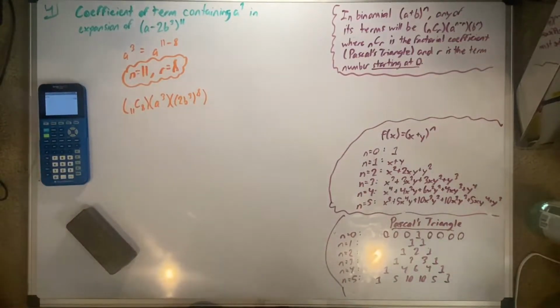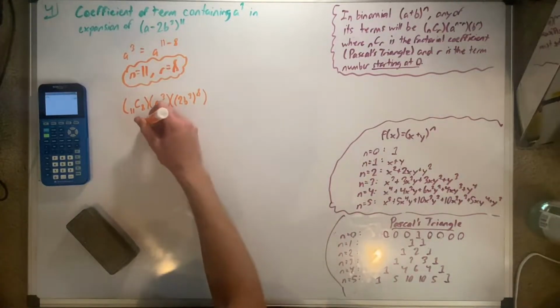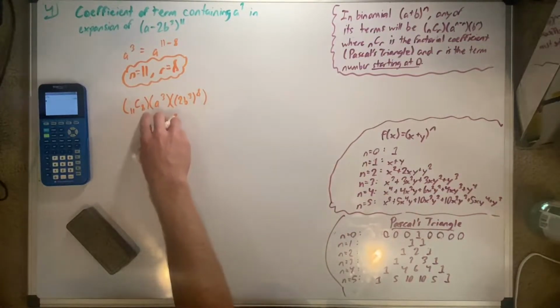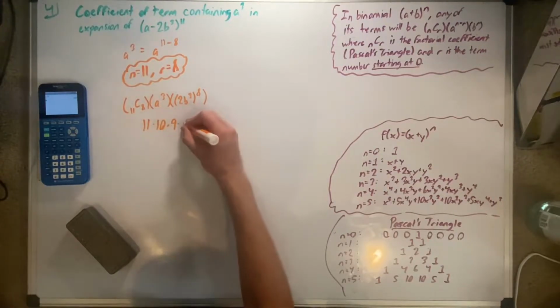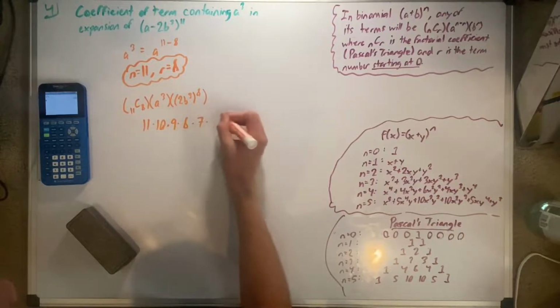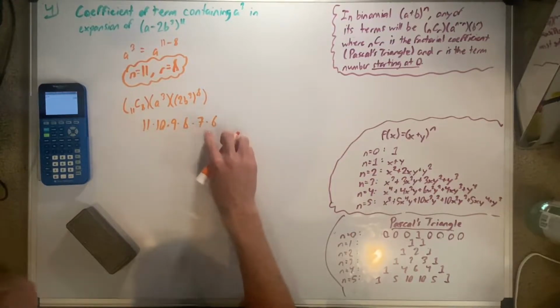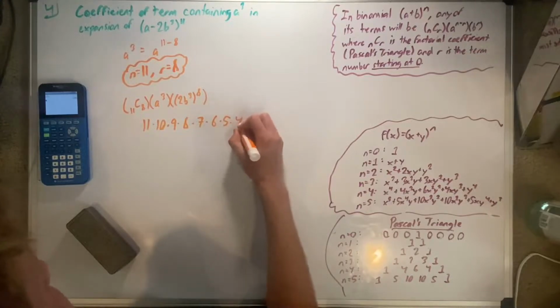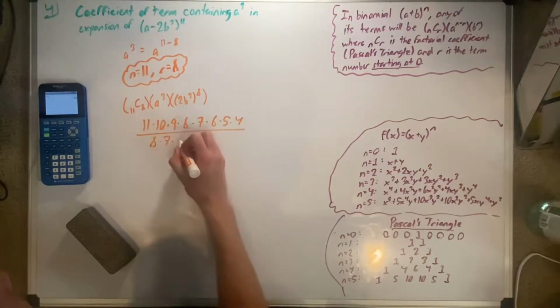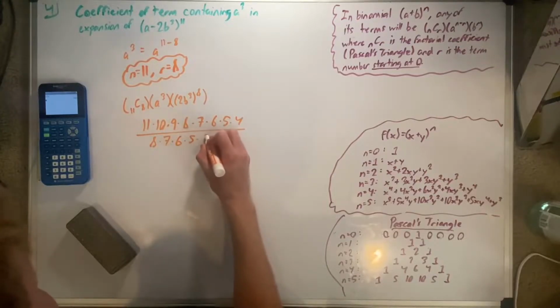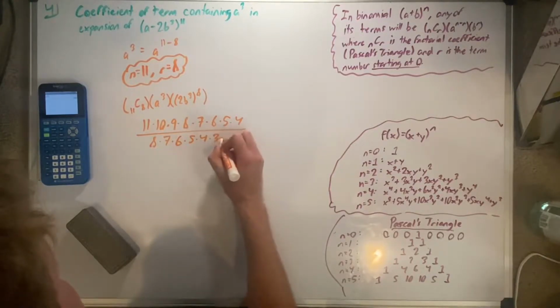So how you get that number 165 is you go like this. You would take the factorial of 11 down, all the way 8 terms. So you would go 11 times 10 times 9 times 8 times 7 times 6 times 5 times 4, all over the factorial of 8: 8 times 7 times 6 times 5 times 4 times 3 times 2.